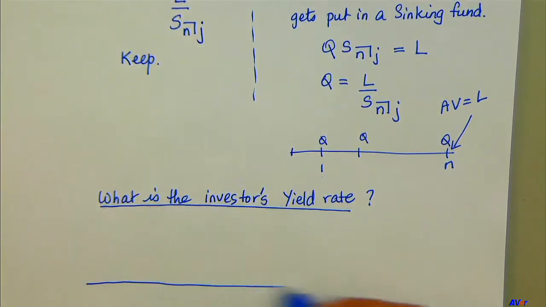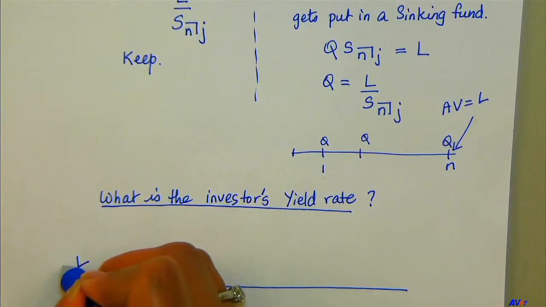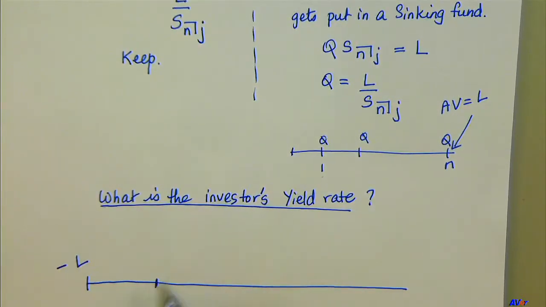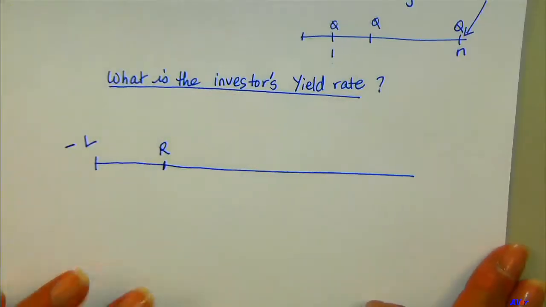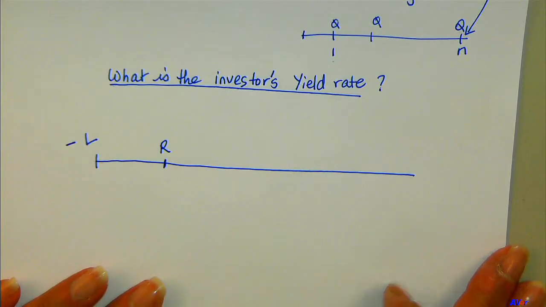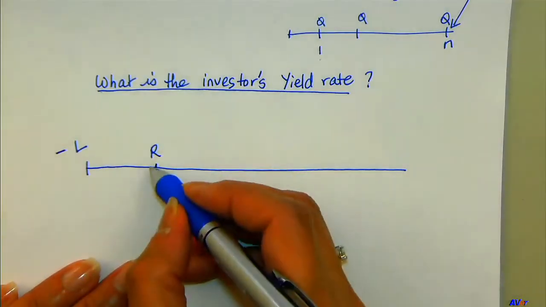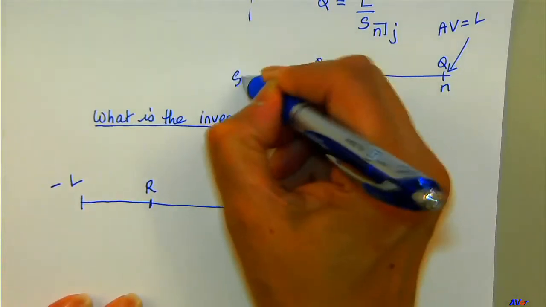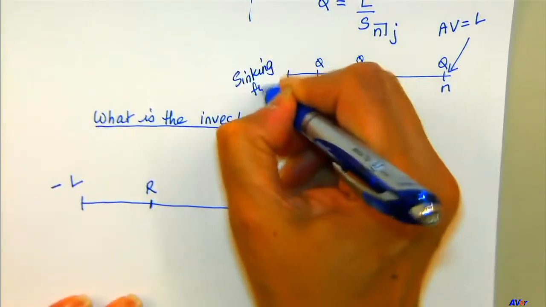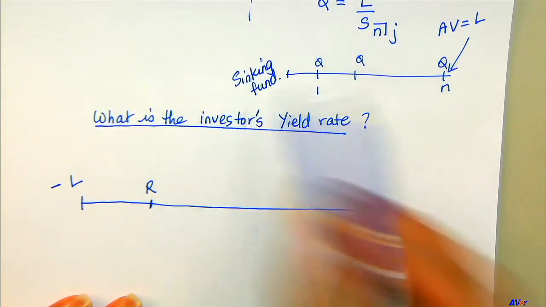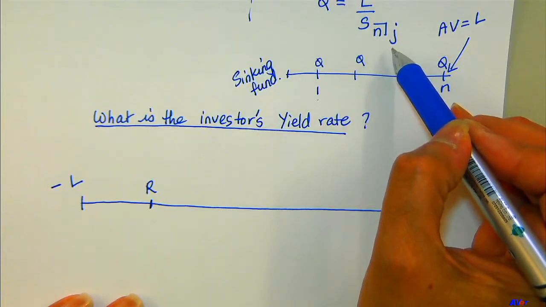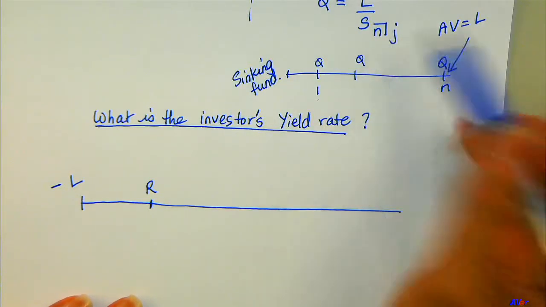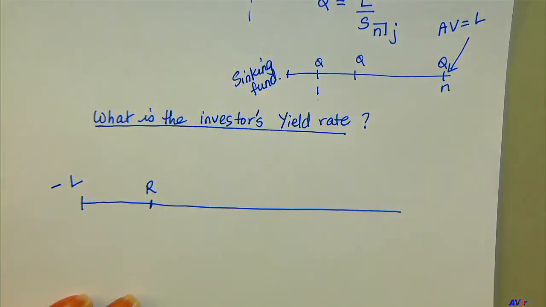Let's say the bank lent out L dollars, minus L. And let's say the bank is getting back some R, a monthly rate R that's coming back. And let's say that they take this R and put it into a sinking fund, and the sinking fund deposit required is equal to L over s angle NJ. Can you give me an equation to find the yield rate of the bank? So what has the bank done? First, the bank has shelled out an amount L, right?